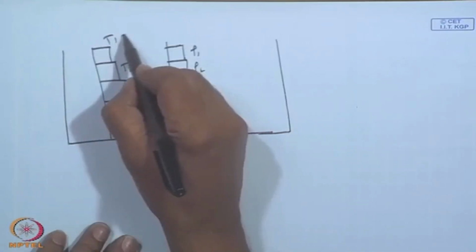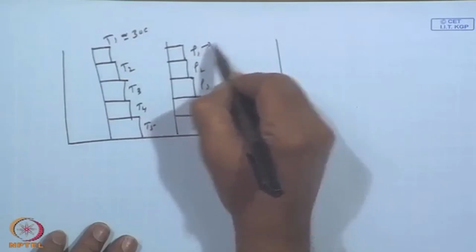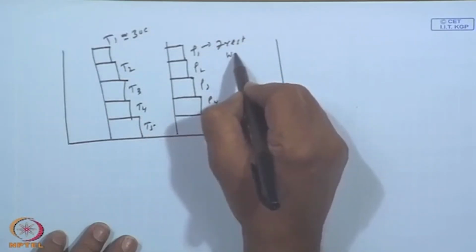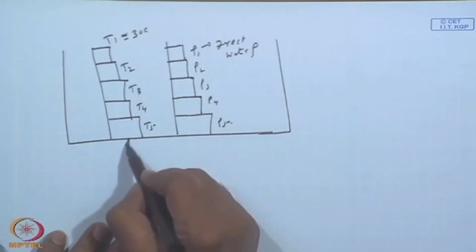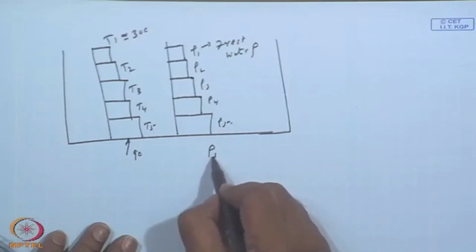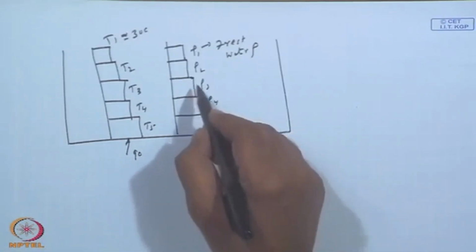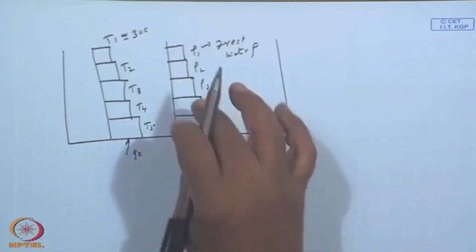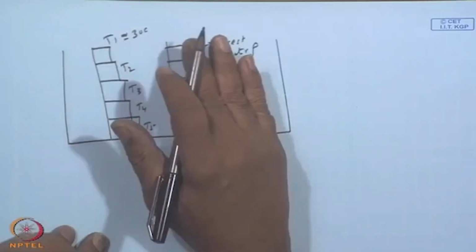So, if this is 30 C, this may be the fresh water density, and if this is 90, see this rho 5 is higher than rho 1, rho 4, rho 3, rho 2, etc. Okay? So, then this will stay at the bottom, and we have this.